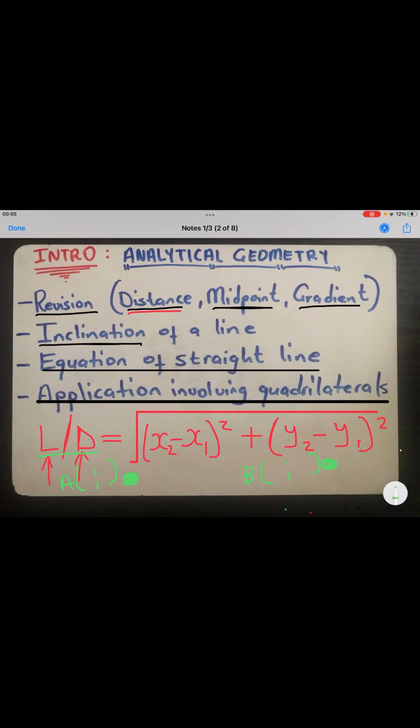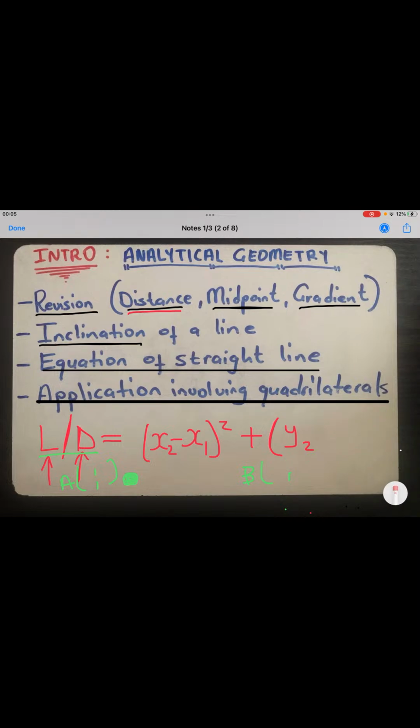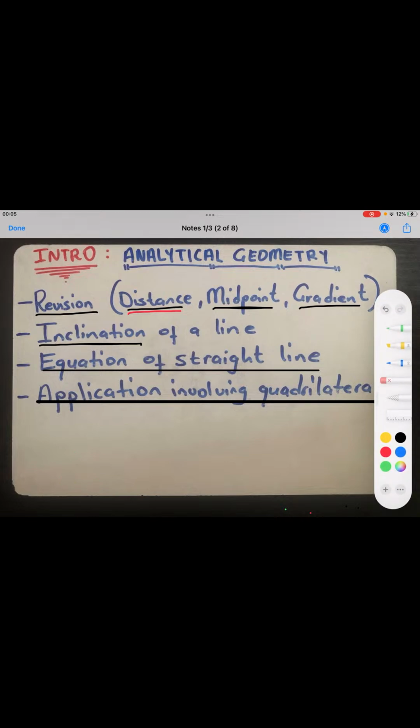Secondly, and very quickly, let's discuss the midpoint formula. I'm well aware that most of you guys might know the formula, but just for our record, let's quickly discuss it.